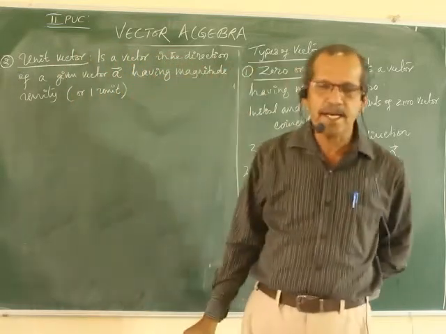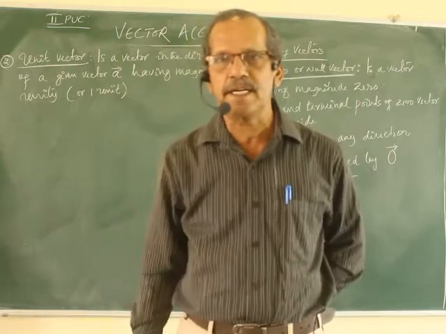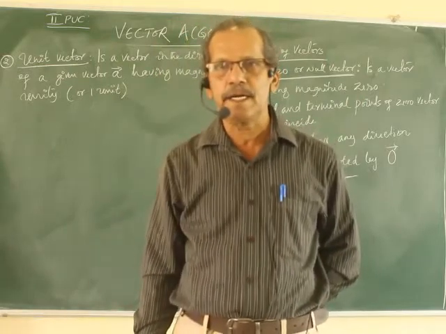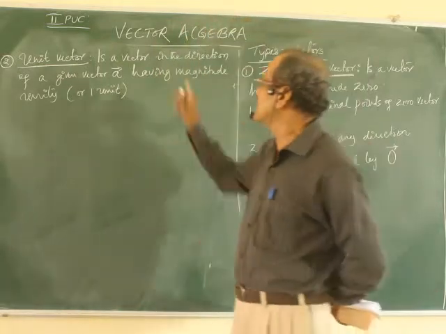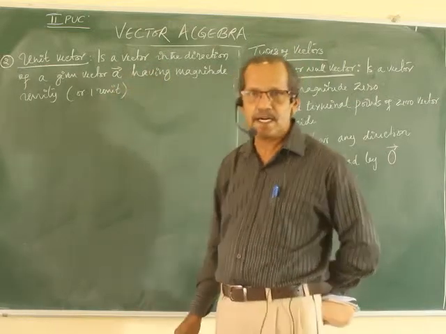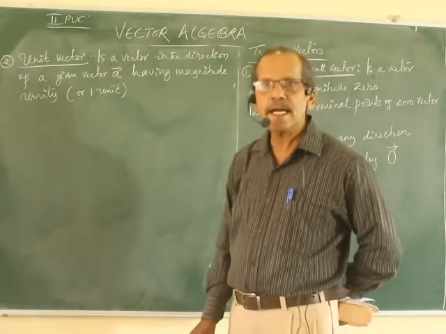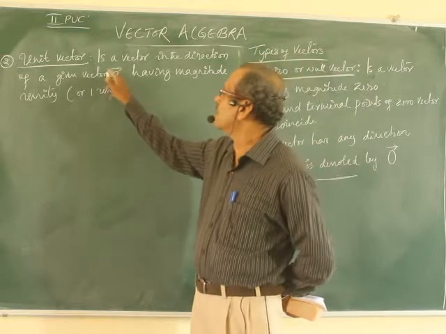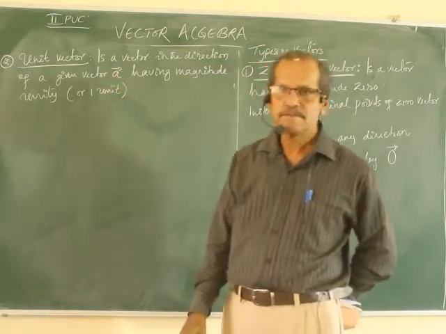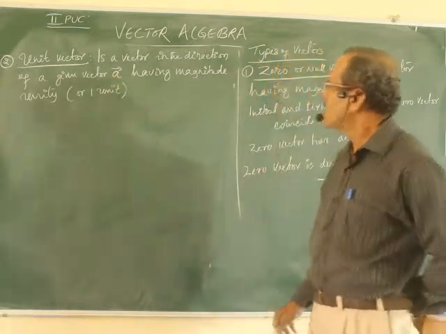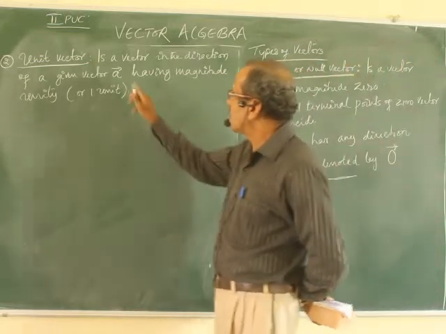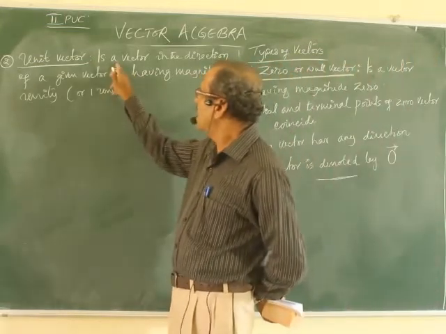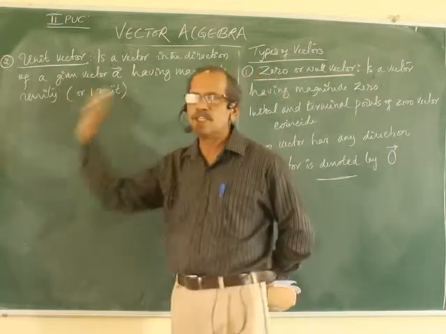If the magnitude or length is 1 unit, 1 centimeter, 1 kilometer, 1 meter, 1, then such vector is called unit vector. What is the direction of that? Direction of the given vector A. In the direction of the given vector A, magnitude should be 1, that's all.